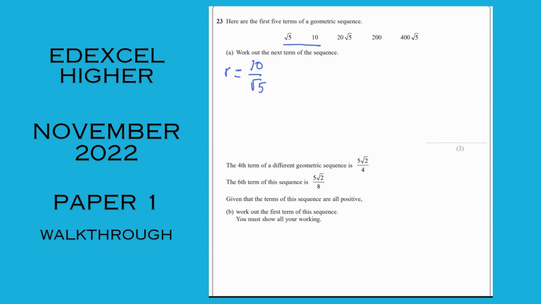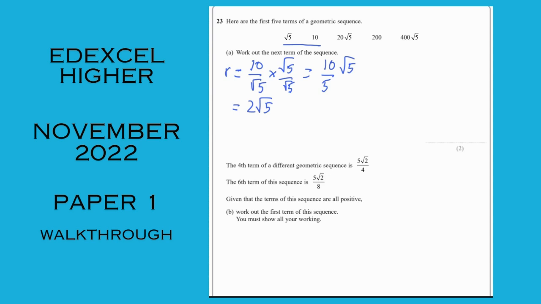So we've got the common ratio, but let's rationalise. So top times top, bottom times bottom, we get 10 over 5, which obviously cancels. The common ratio, the multiplier, is 2 root 5.